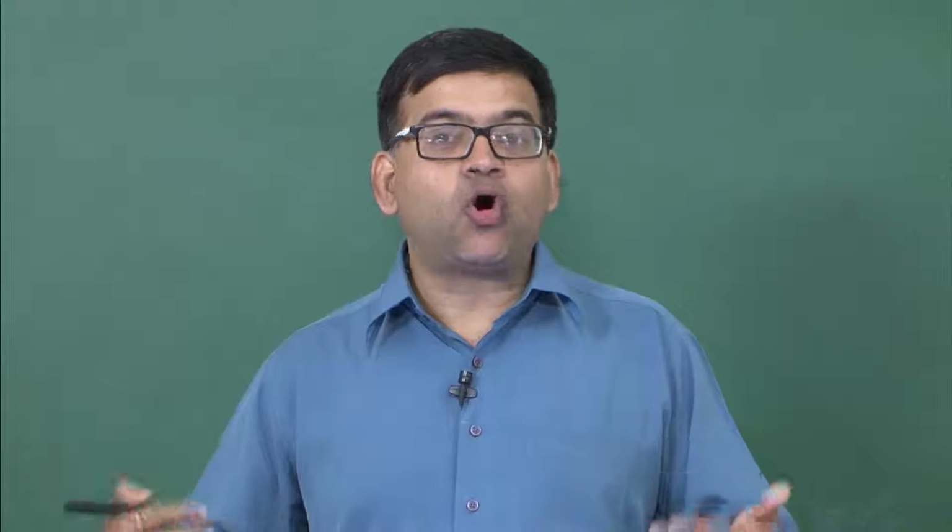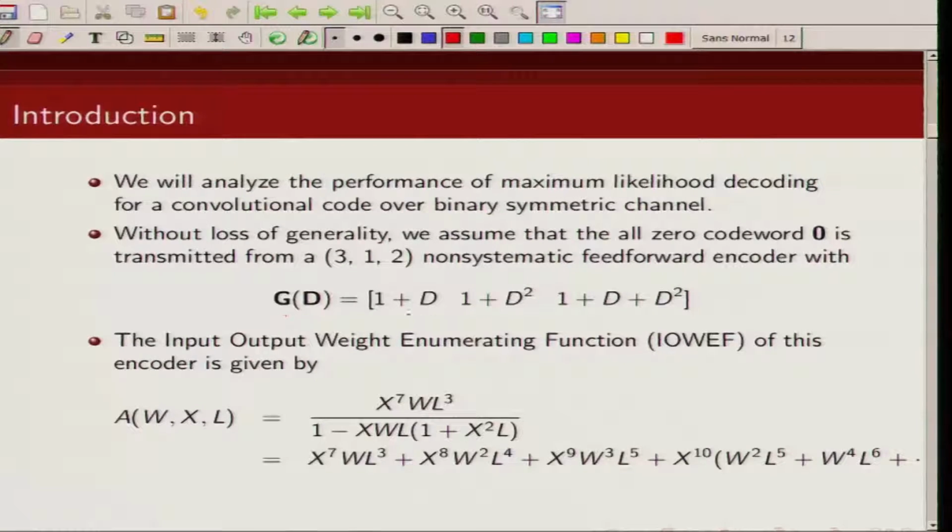As you can see, these all 0 paths through the trellis are all valid code words. So, this weight enumerating function essentially enumerates all non-zero code words. For this particular example, the input output weight enumerating function is given by this expression, which we can expand by dividing.